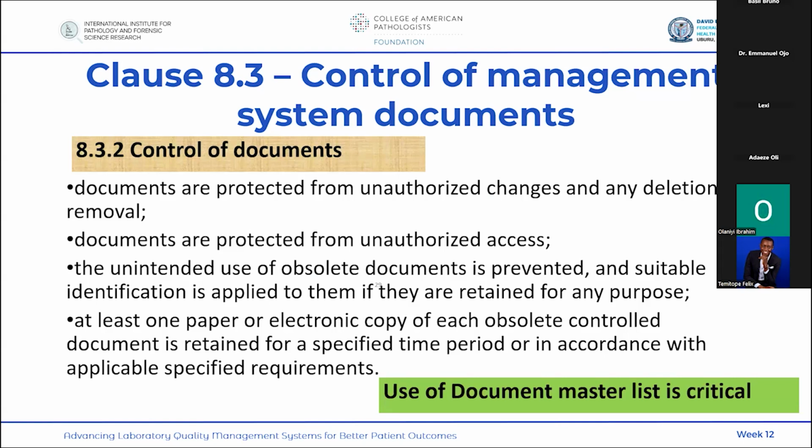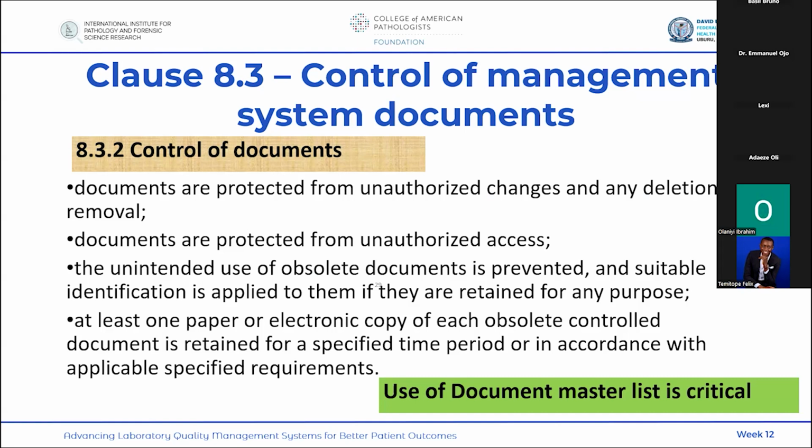So a good part here, if you are maintaining your documents in an electronic format, I encourage people to have their documents in PDF format that is locked, that is non-editable, meaning you can provide read-only access.